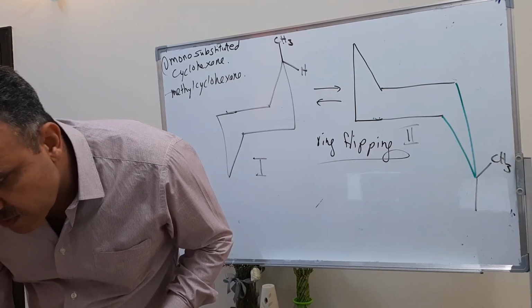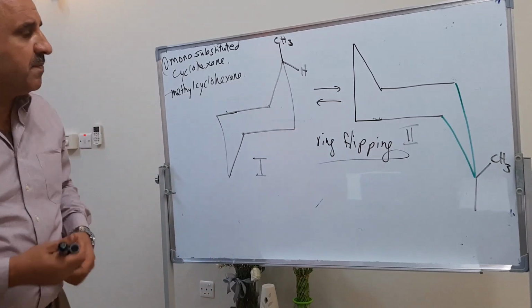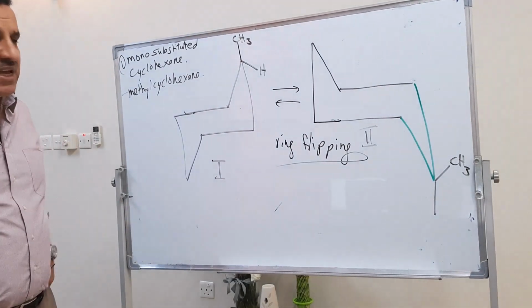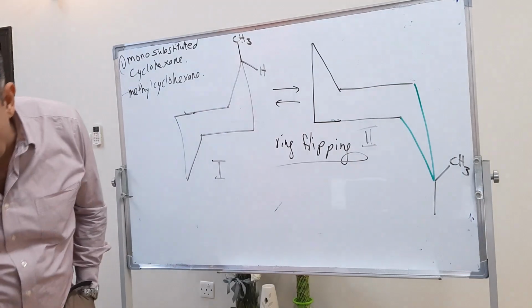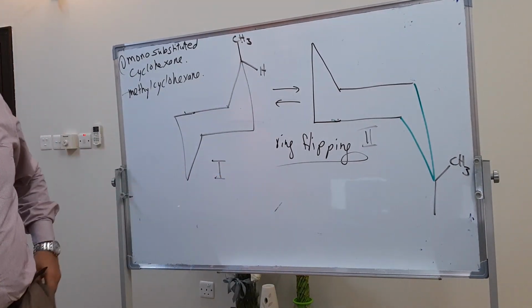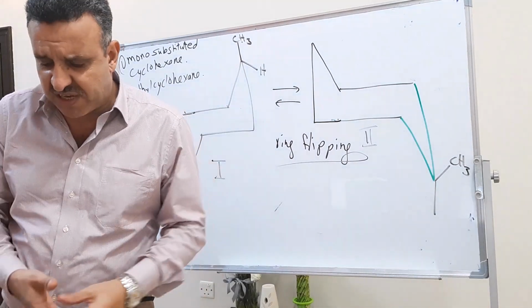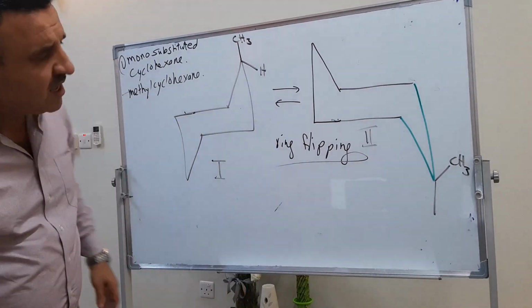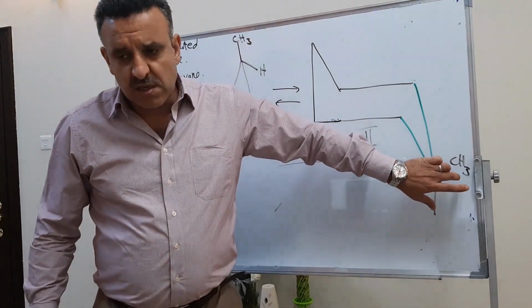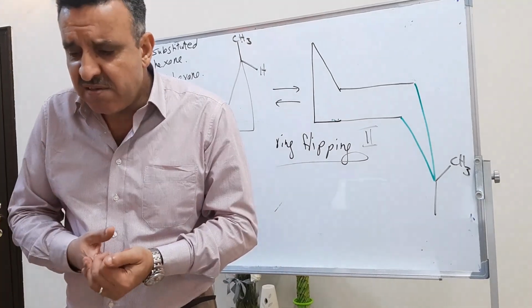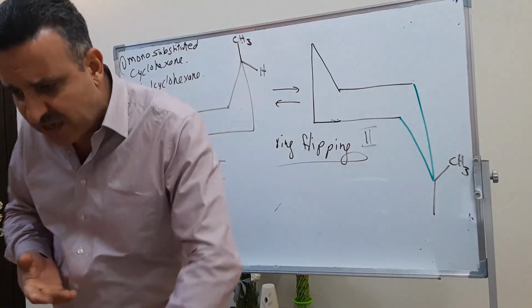Alright, perfect. Now, which of the two conformations for monosubstituted cyclohexane is more stable, 1 or 2, and why? 2, absolutely, because in 2 the bulky group occupies the equatorial position, which is then free of 1,3-diaxial repulsion.